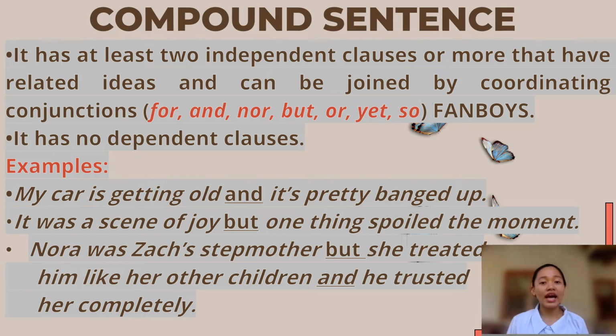So here we have three independent clauses. First, we have Nora was Zach's stepmother, and then the second clause, she treated him like her other children, and the third clause, he trusted her completely. These clauses are joined by the coordinating conjunctions, which are but and and.